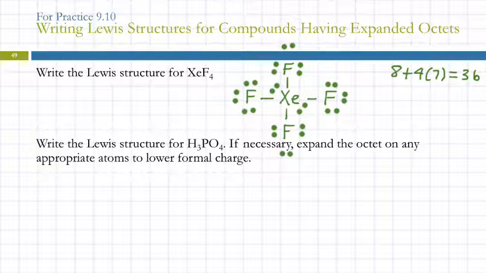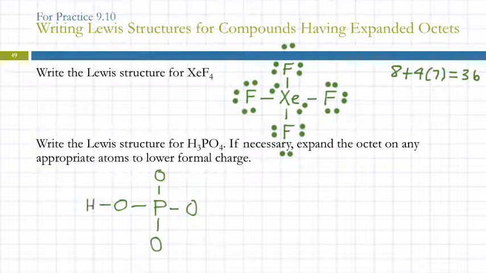Write the Lewis structure for phosphoric acid. If necessary, expand the octet on any appropriate atoms to lower the formal charge. This one is going to look a lot like sulfuric acid. So phosphorus in the middle with 4 oxygens around it, and then the hydrogens go on the oxygen.